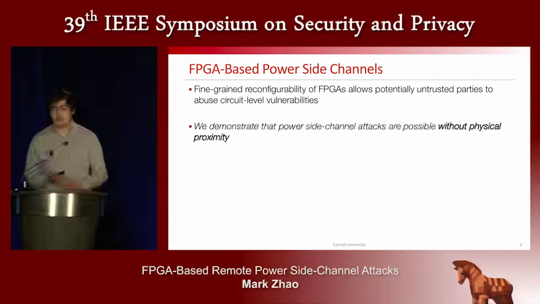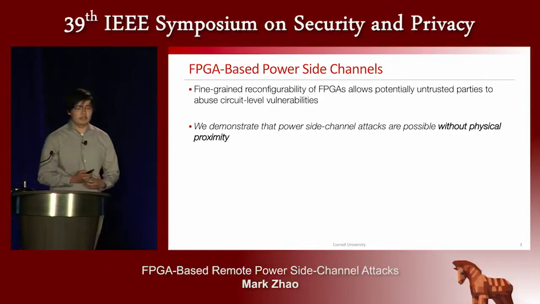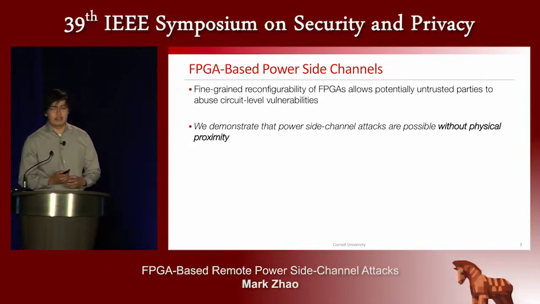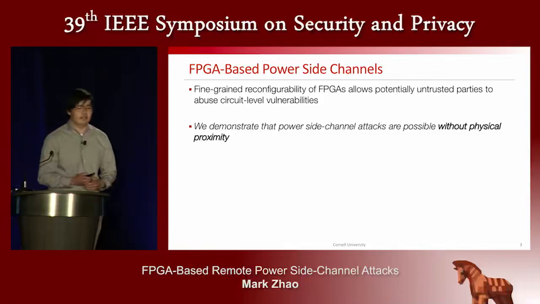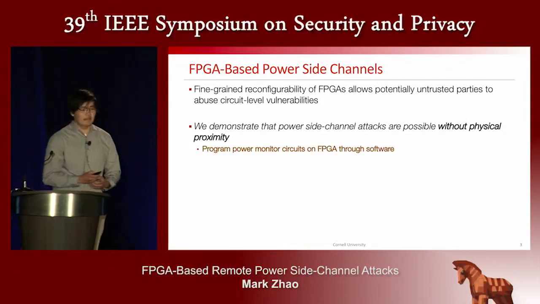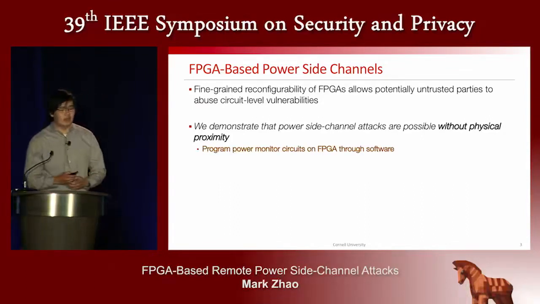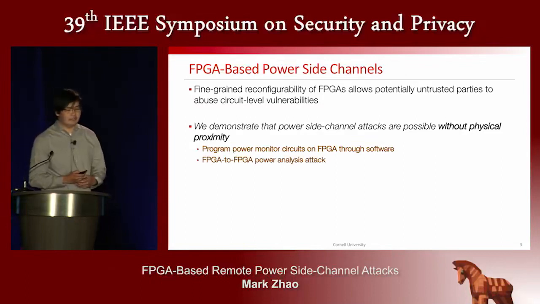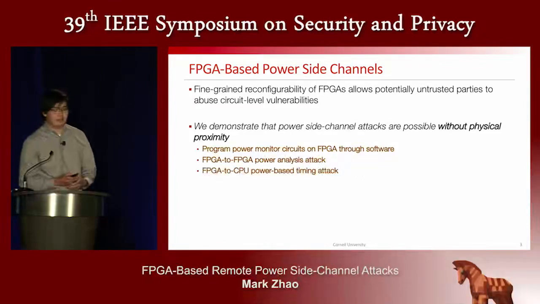In this talk, we show how we can use these vulnerabilities to perform a remote power side channel attack, in other words, without any physical proximity to the device itself. As an outline for this talk, I first will talk about how we can program such power monitors on an FPGA device.